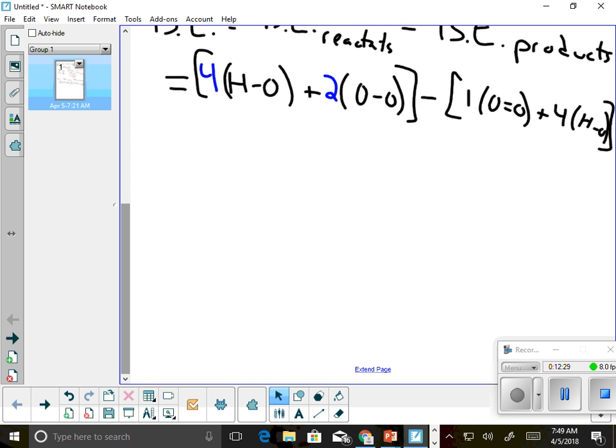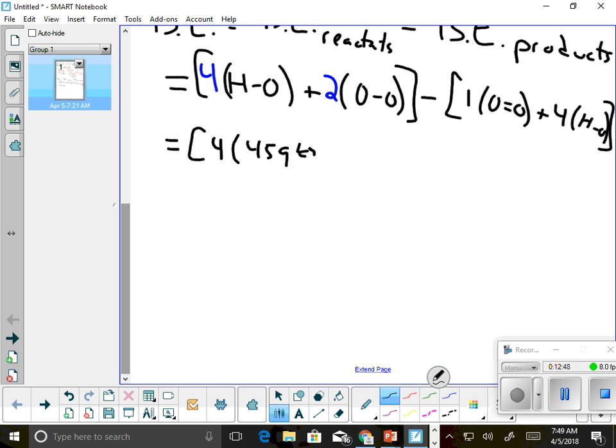At this point, what you are now able to do is to plug in those values. Remember on the previous slide, I gave you values for these things. So for example, 4 times what an HO bond is, an HO bond is 459 kilojoules per mole, plus 2 times an OO bond, which is 142.